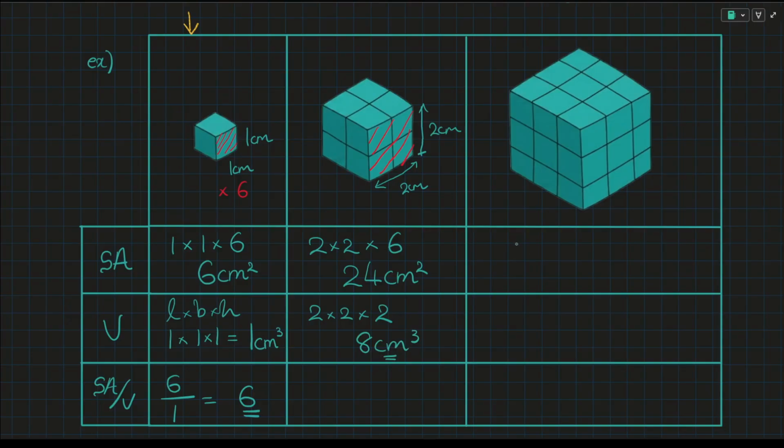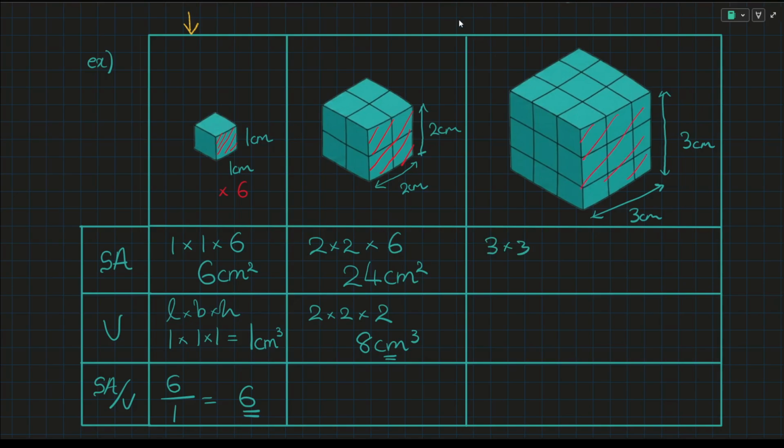Alright, and then when moving on to the final cube, now we have 3 stacked on each side. So total of 3 centimeters on either side. That would be 3 times 3 to find this face.